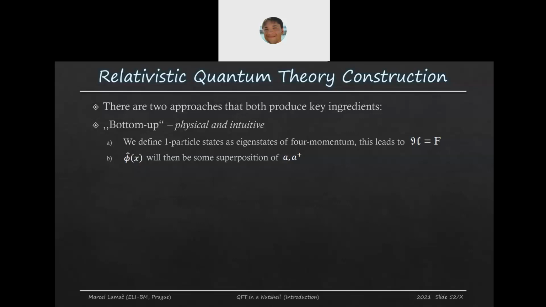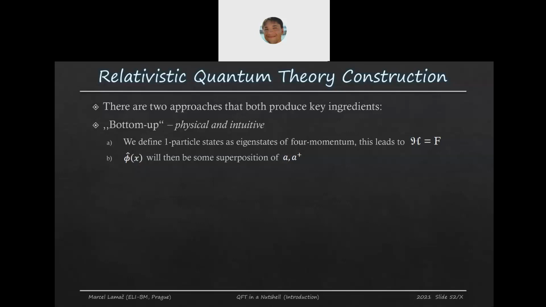Or, sorry, in any frame, the square of the four-momentum is the rest mass, because the square of the four-momentum is E squared minus p squared, and that is equal to the rest mass. So in any frame it seems natural to try to define these one particle states as the eigenstates of the four-momentum. And in fact, this leads to the observation that the Hilbert space is constructed as the Fock space out of these one particle states.